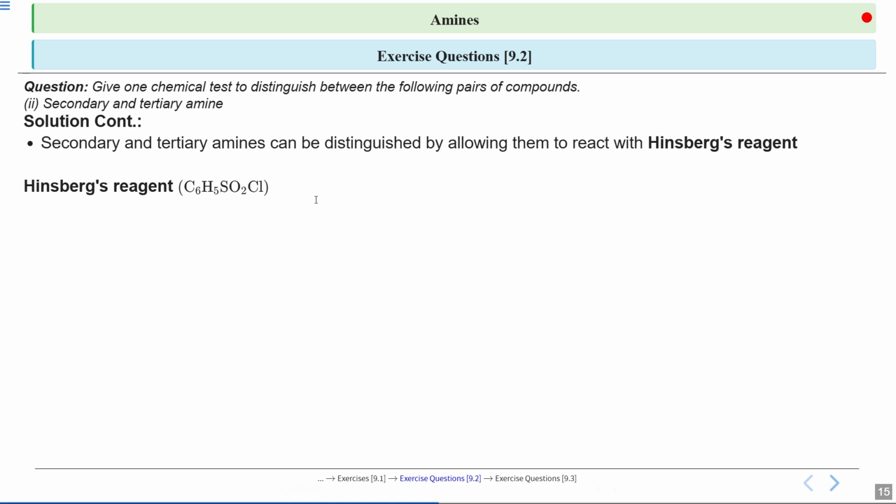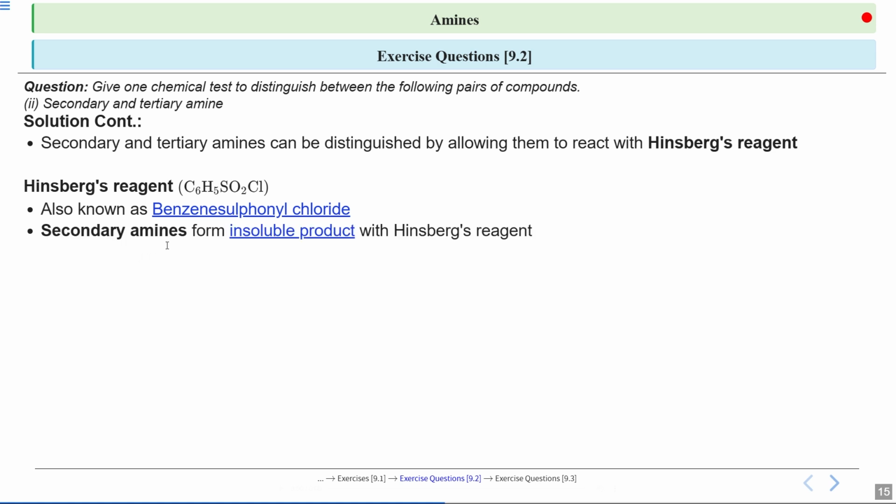This is used to distinguish between a secondary and a tertiary amine. It is also known as benzene sulfonyl chloride. Benzene sulfonyl chloride is a chemical compound which is used in organic synthesis for introducing sulfonyl groups into molecules.